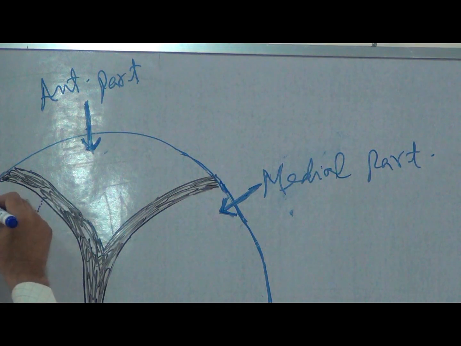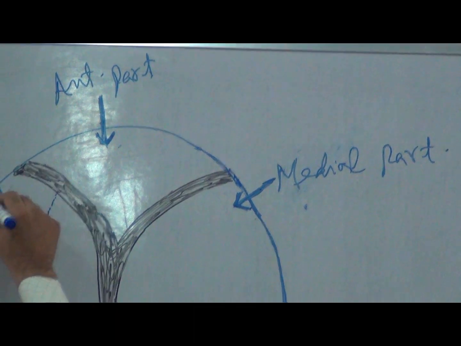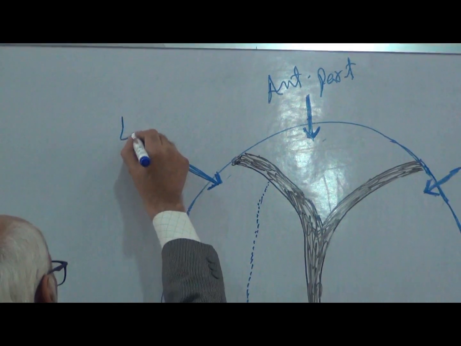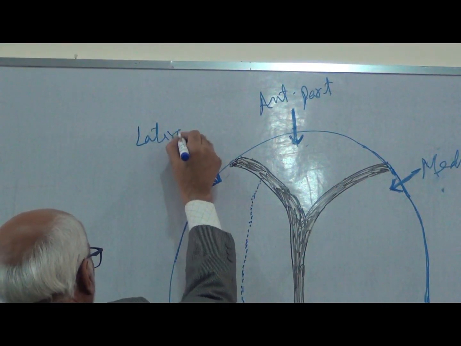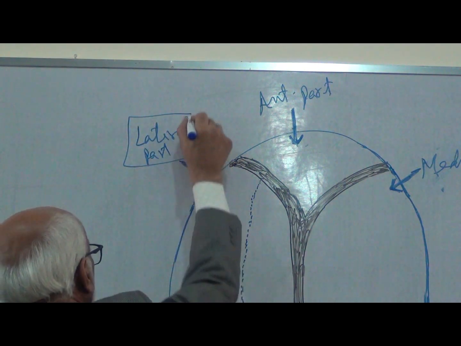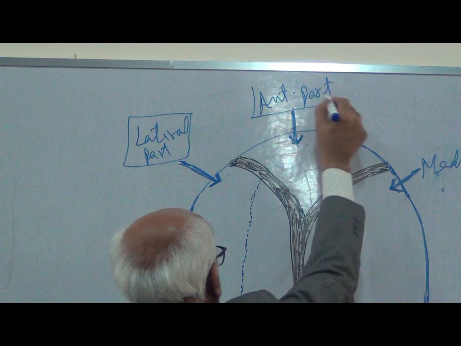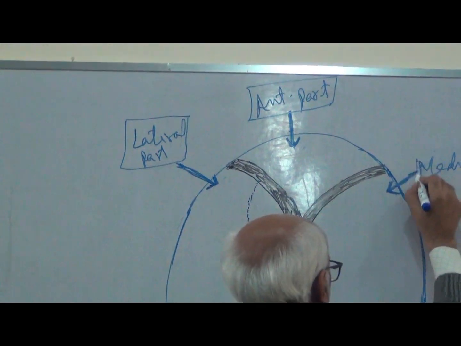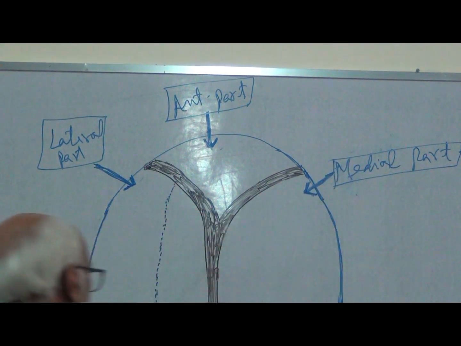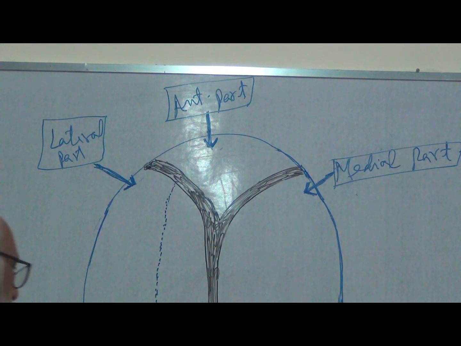This whole is the lateral part. These are the three major parts of the thalamus divided by the internal medullary lamina.